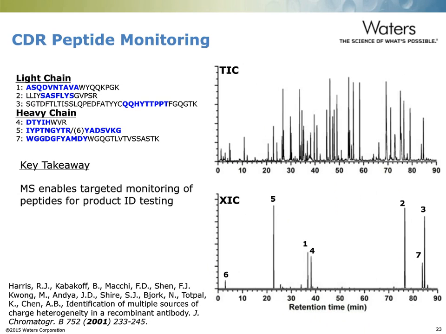Another application in which we've seen a lot of interest has been in looking at the CDR peptides, or the complementarity determining region peptides, for the monoclonal antibody. And these are specific for different monoclonals. In this case, we've done a separation and looked at both the total ion chromatogram and then generated an extracted ion chromatogram for each of the peptides that correspond to the CDR region in that antibody.